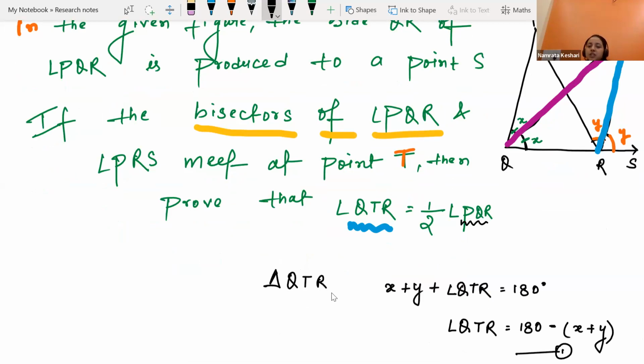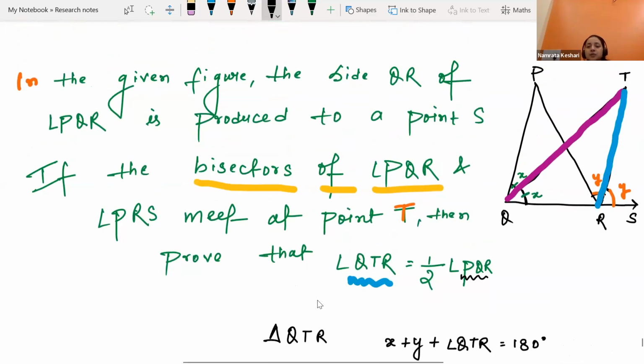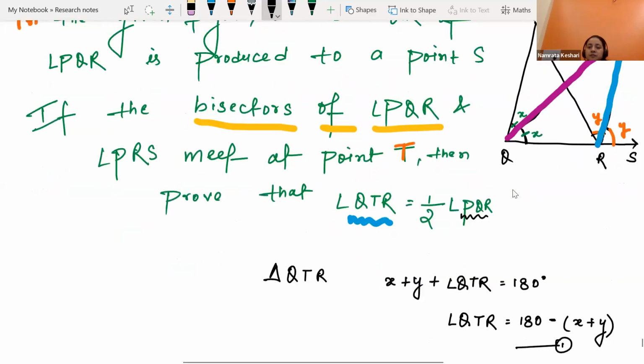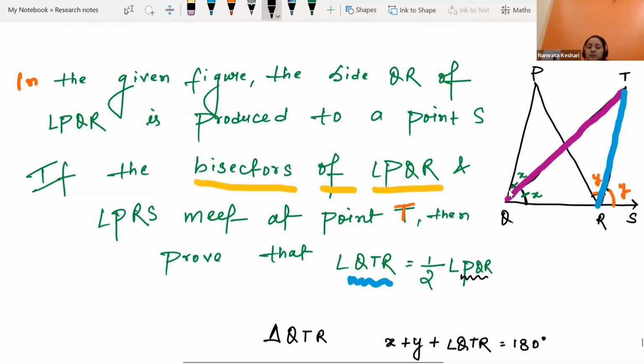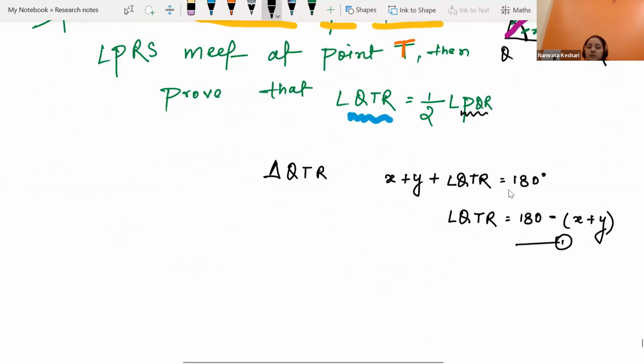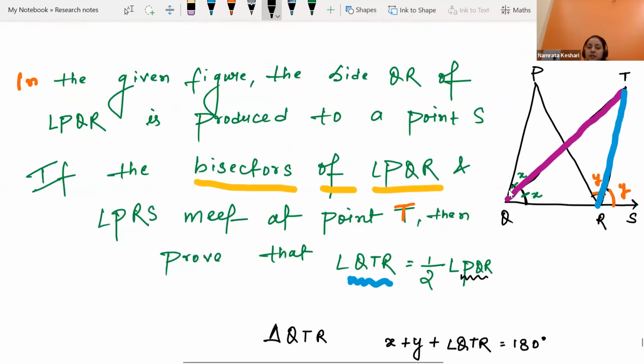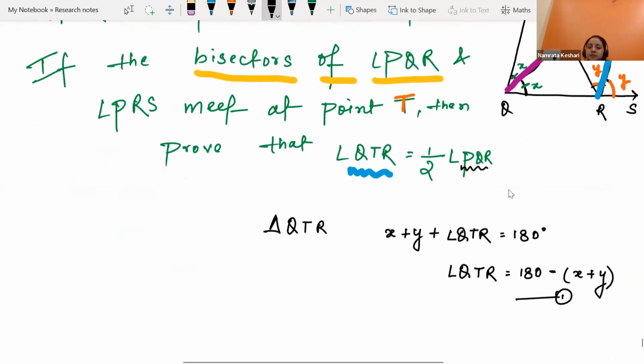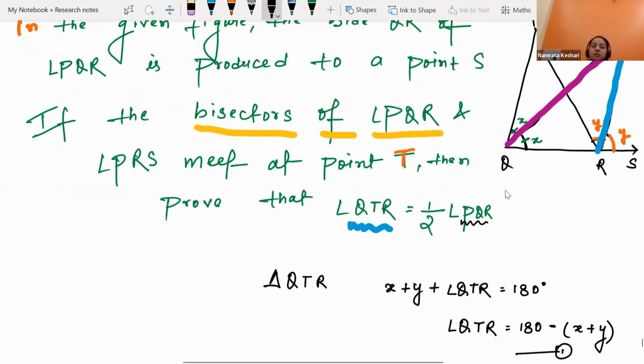Let's try finding PQR. Just a second. Oh, there is one more property.